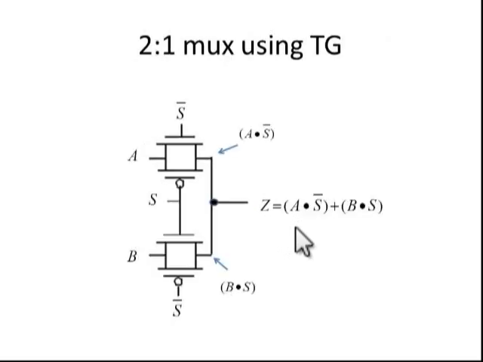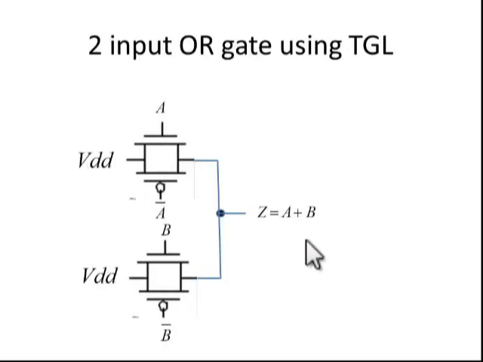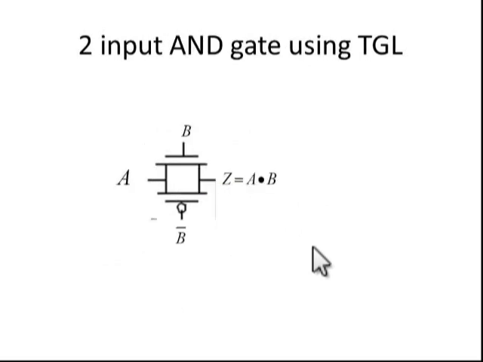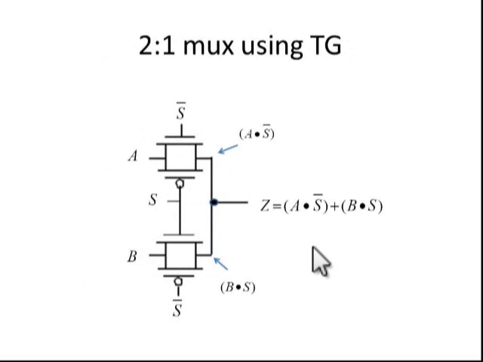So if I want to design a 2:1 MUX, this is the circuit. If you look at the previous circuit, we need only 2 transmission gates to design an OR gate, and 1 transmission gate is required for an AND gate. For designing the 2:1 MUX, I need only 2 transmission gates and 2 transistors.